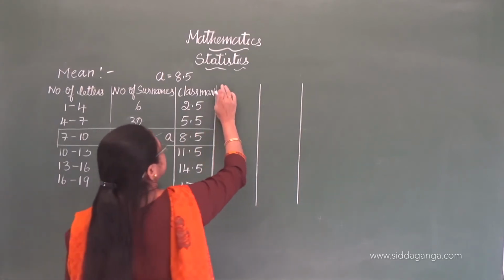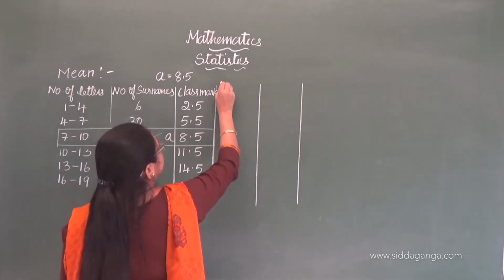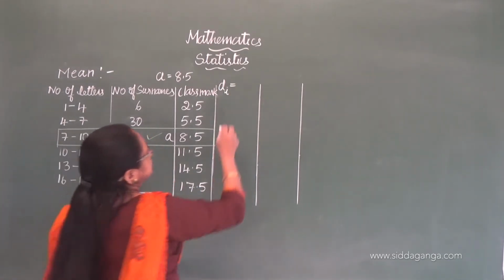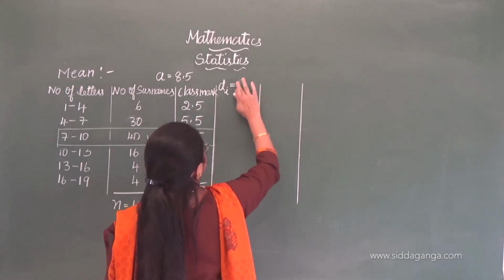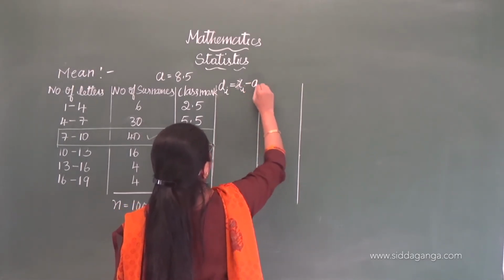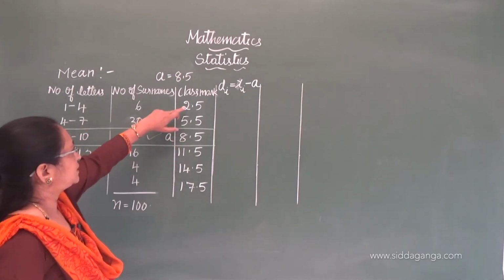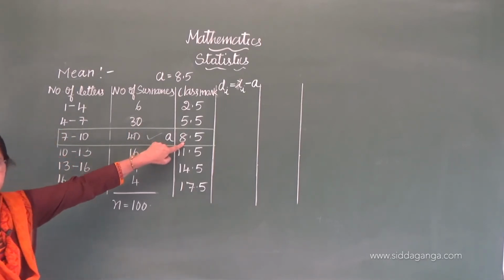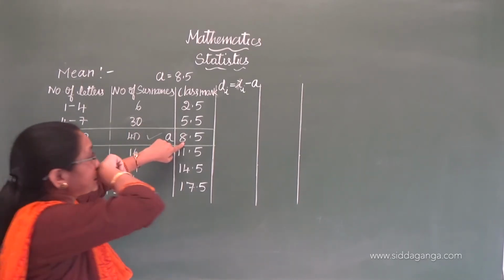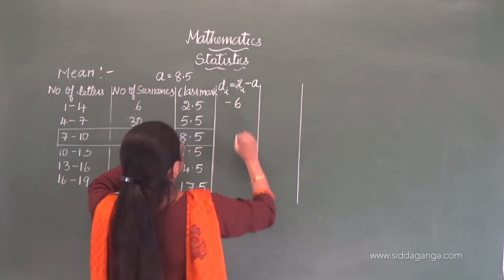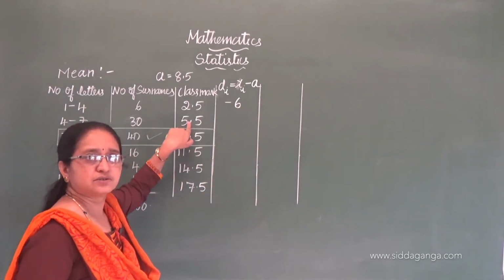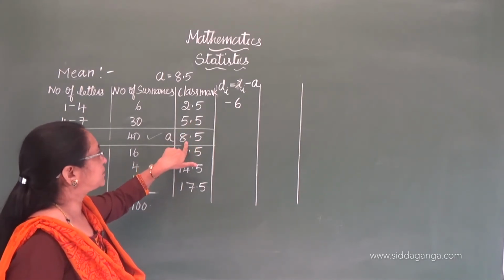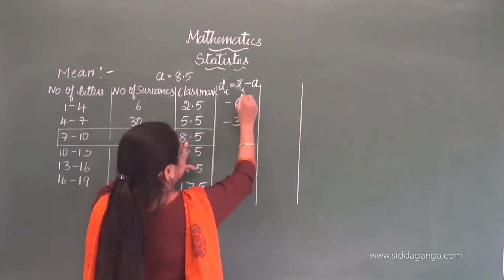Now you are going to find di, the deviation. Try to recall: deviation is xi minus a. So 2.5 minus 8.5 is minus 6. Next, 5.5 minus 8.5 is minus 3. You will get negative values.